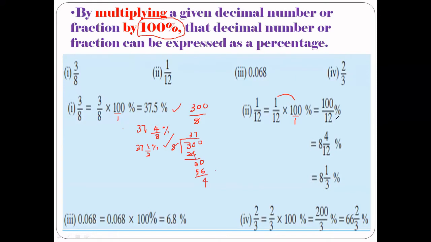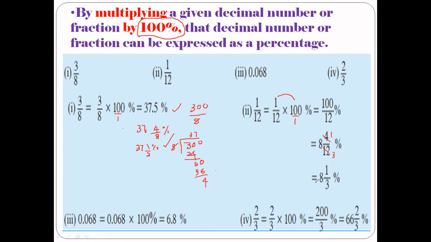So 100 over 12%. Don't forget to put the percentage sign. Now, for 100, there are 8 twelves. So 8 and 4 over 12. You can simplify that. Both are divisible by 4. Then 4 into 3, 12. Then 8 and 1 over 3%.